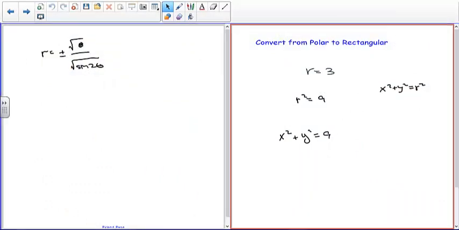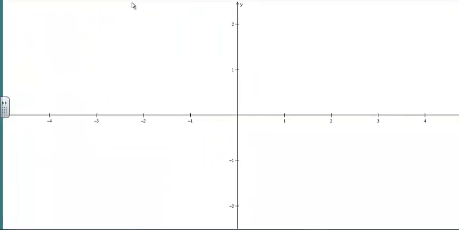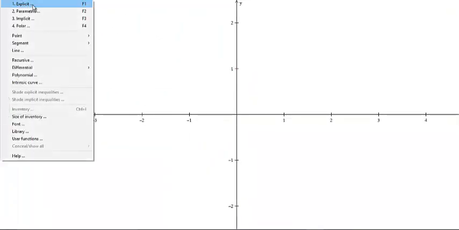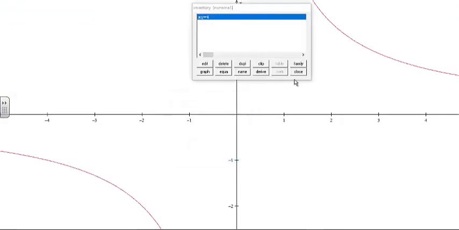Let's actually plot these, because one thing you can do is plot them both ways. So if we plot in 2 dimensions the equation in implicit form, xy equals 4, we graph that, and it looks like the reciprocal function.